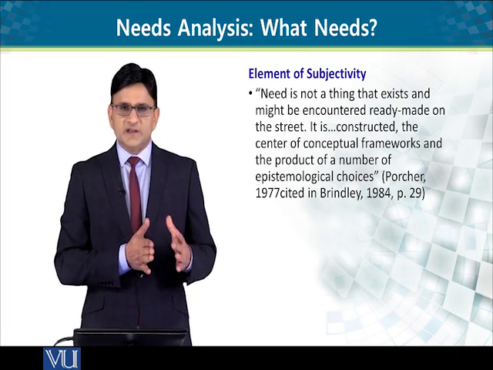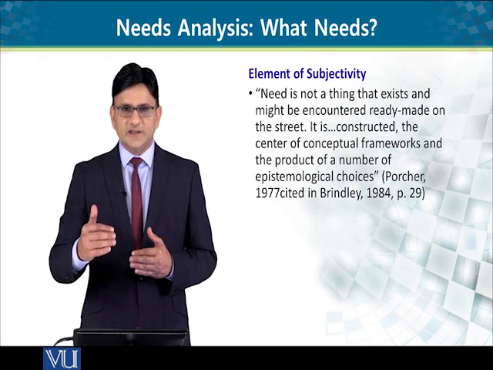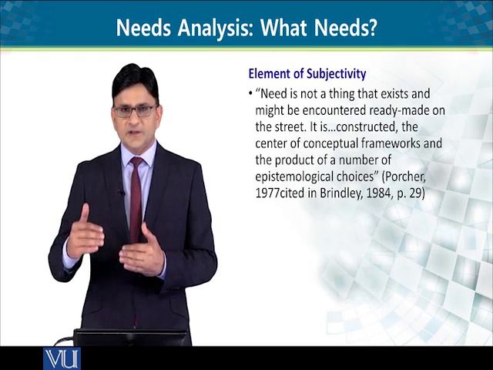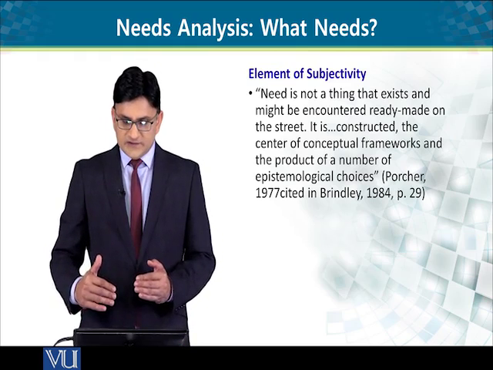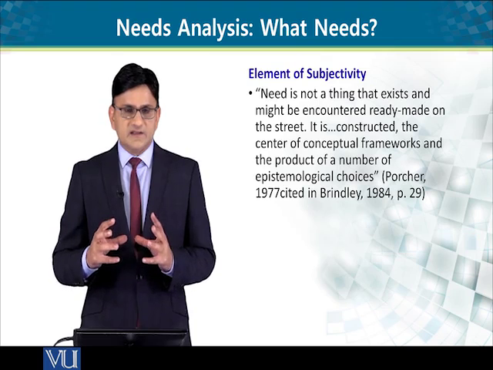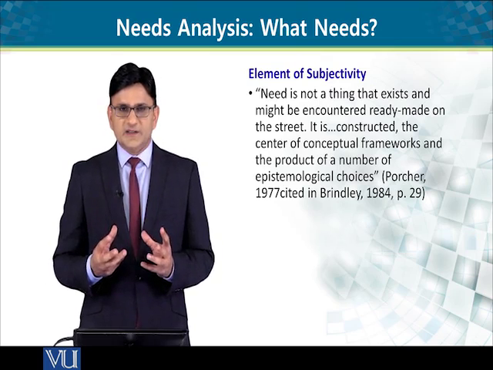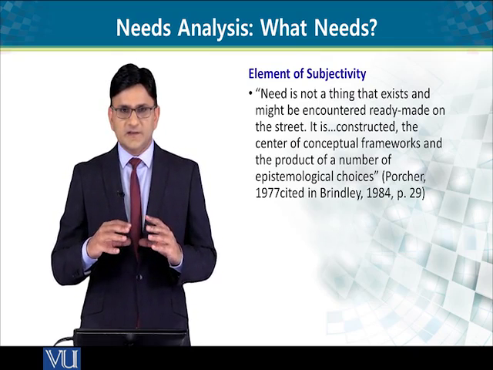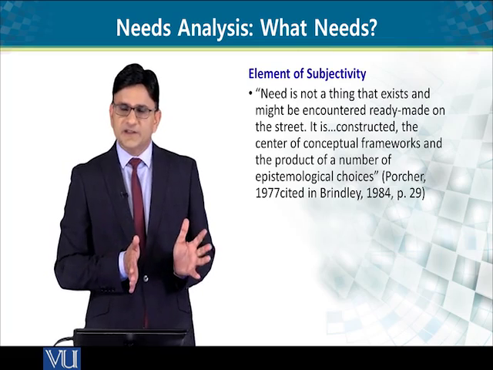For example, Chinese students might have different needs of language learning compared to Pakistani students, right? So this quote clearly indicates that needs is not an objective reality. Rather, it's a subjective reality, which involves some subjective needs as well.